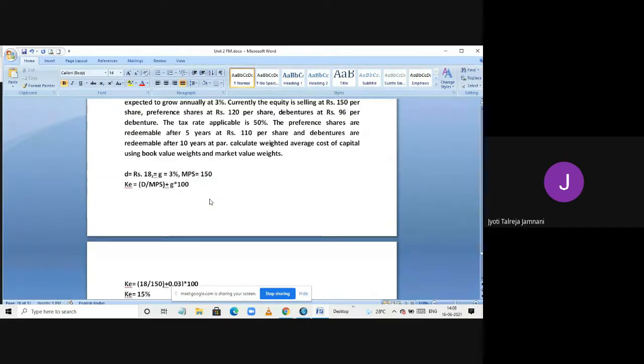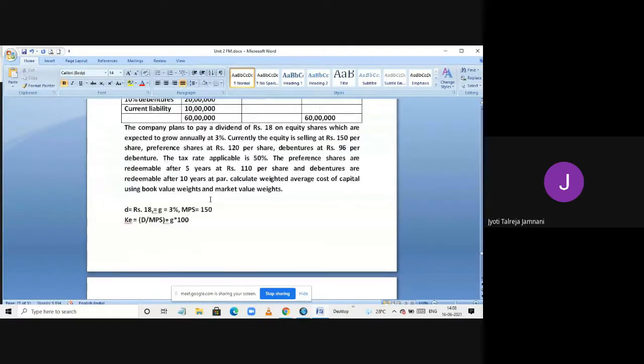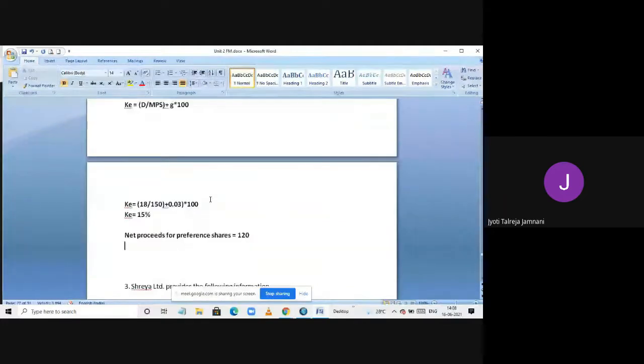Selling in the market means today if you issue a preference share, you will get 120 rupees. So net proceeds is 120. Then they are saying debentures are selling at 96. So net proceeds of debentures is equal to 96.